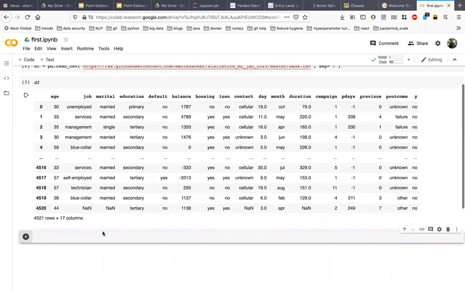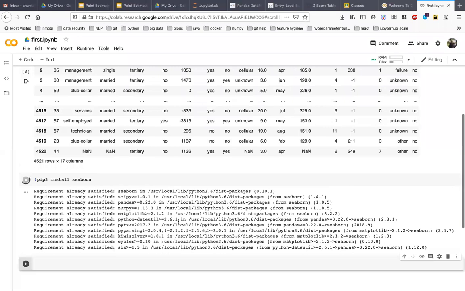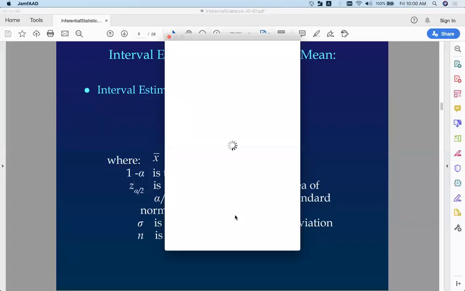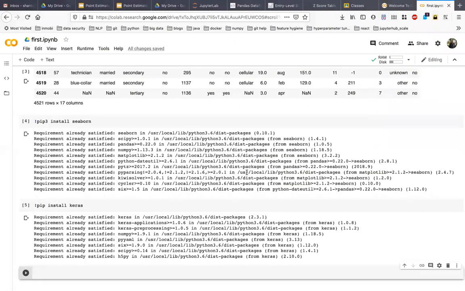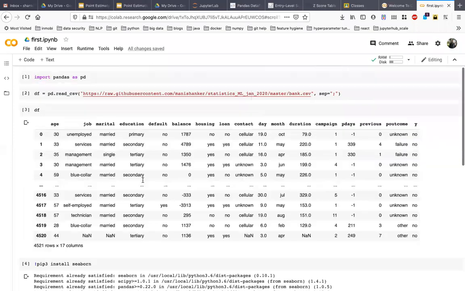Let's say if I want to install Keras, this is already installed. So most of the packages and all the headaches that you're running into with Anaconda, you can forget those and start using Google Colab.